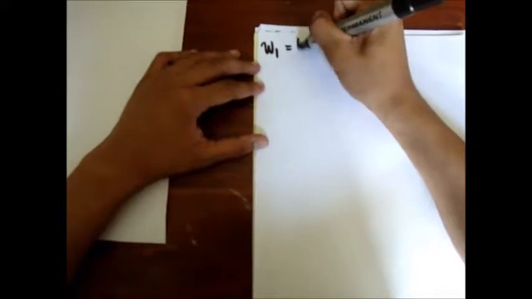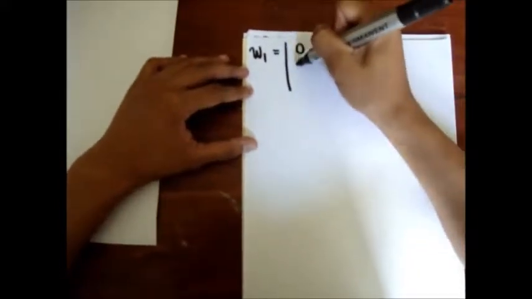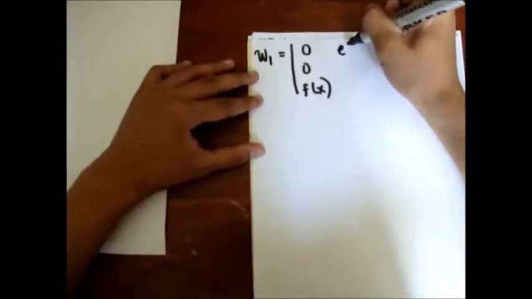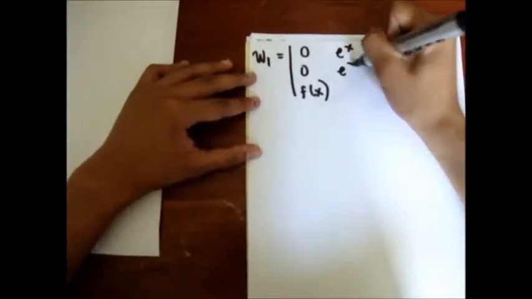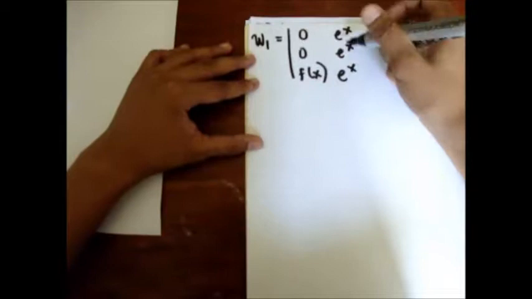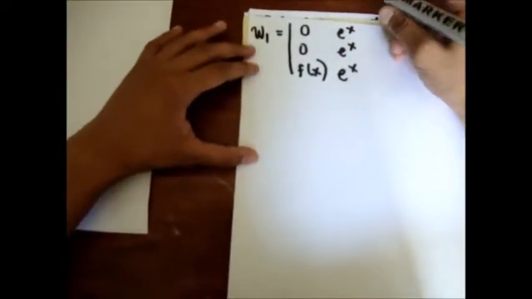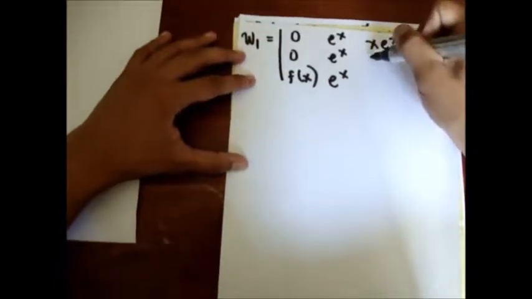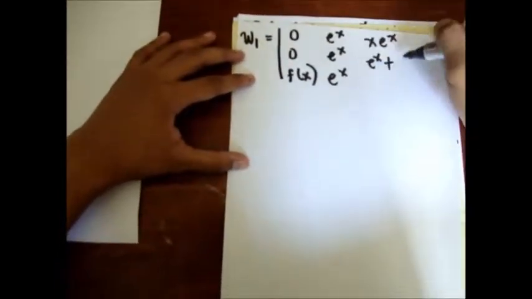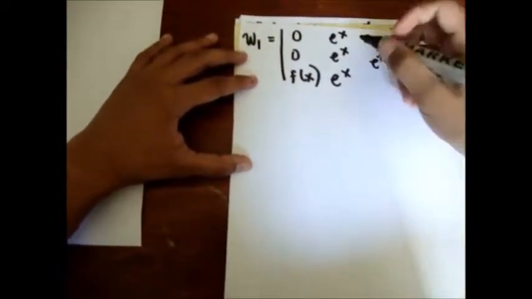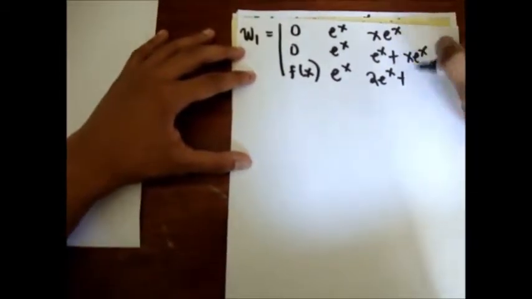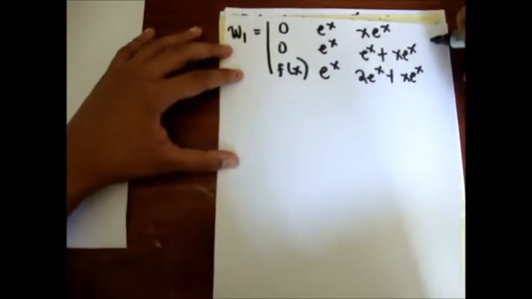So first, for W1, we let 0, 0, and f of x. Next is e raised to x, e raised to x, then e raised to x. And the third column is x e raised to x, e raised to x plus x e raised to x, then 2e raised to x plus x e raised to x.